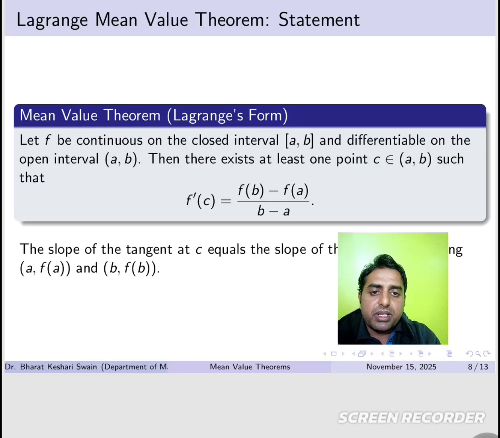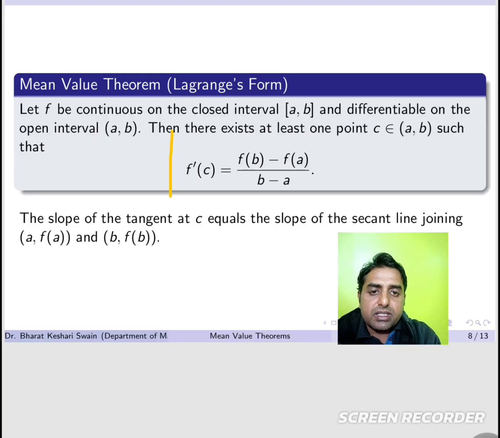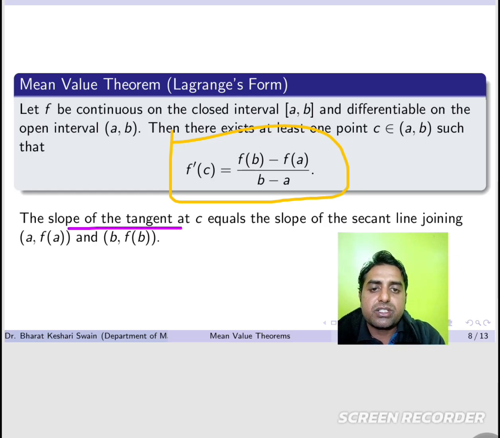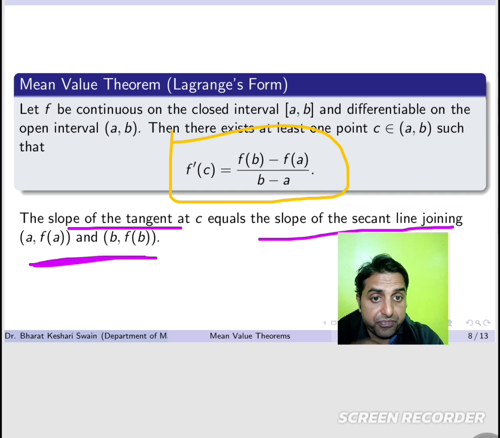So that's why this means the slope of the curve at c will be equal to f of b minus f of a divided by b minus a. That's why it is written here, the slope of the tangent at c equals the slope of the second line joining (a, f(a)) and (b, f(b)), that means the chord joining (a, f(a)) and (b, f(b)).